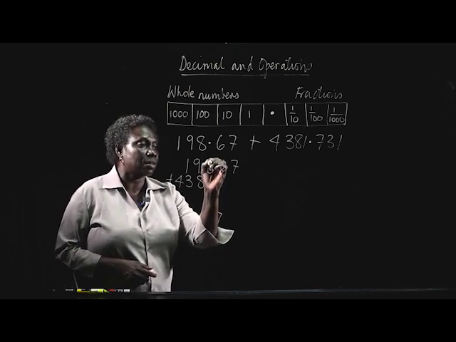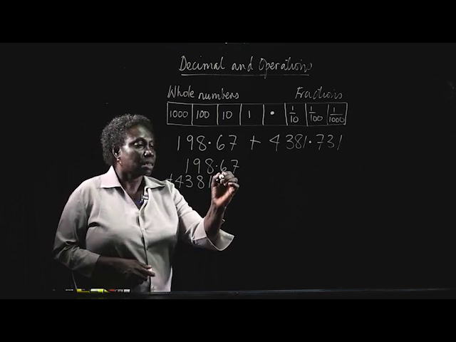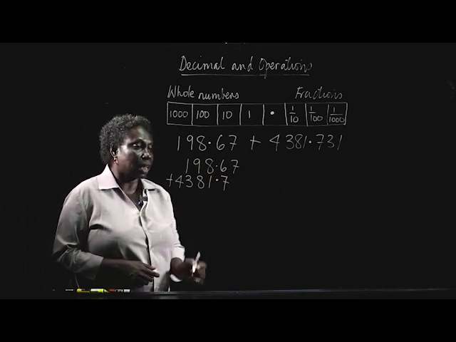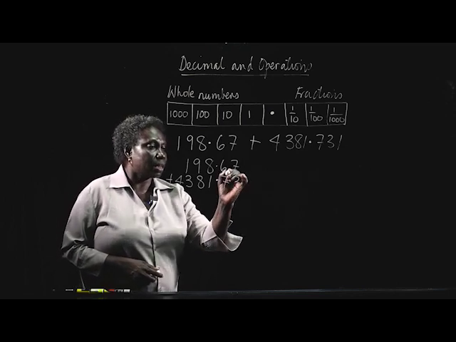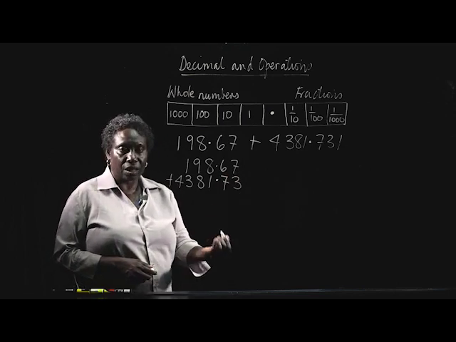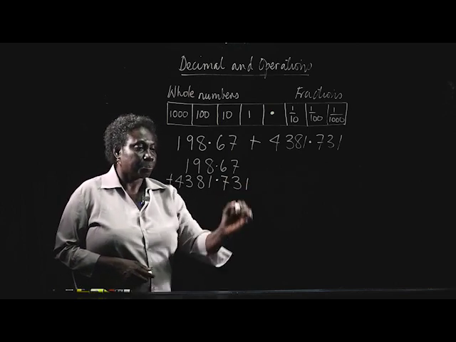And 1 comes under 8 because they represent the units. 7 comes under 6, they represent the tenths. 3 comes under 7 because they represent the hundredths. And then I have 1 here.